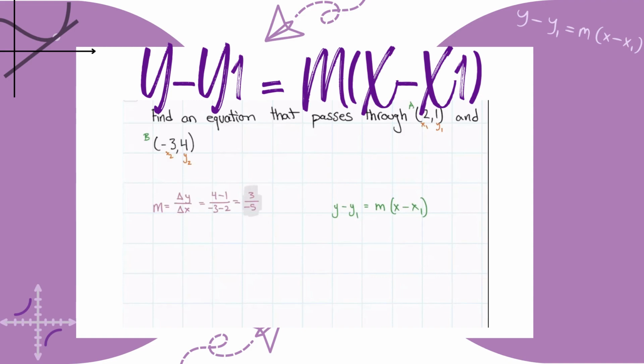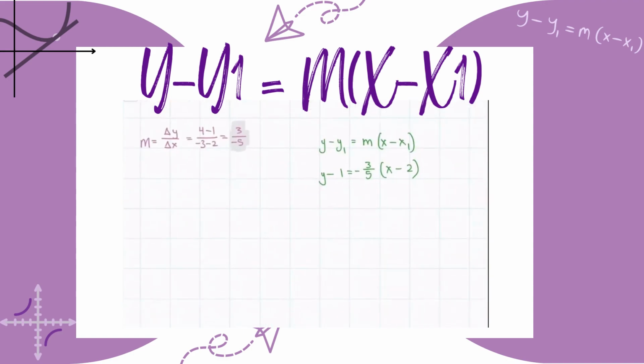So then it's going to be y minus 1 equals negative 3 over 5 times x minus 2. I'll use the distributive property over here. So I have y minus 1 equals negative 3 over 5x plus 6 over 5. Then I'm going to bring the negative 1 to the other side.